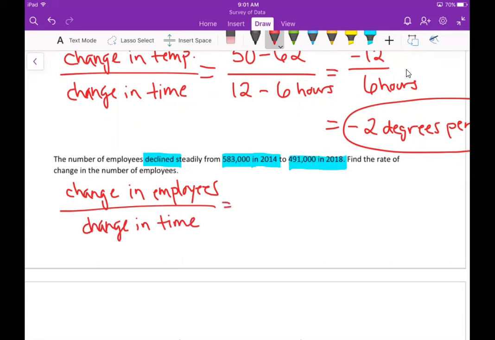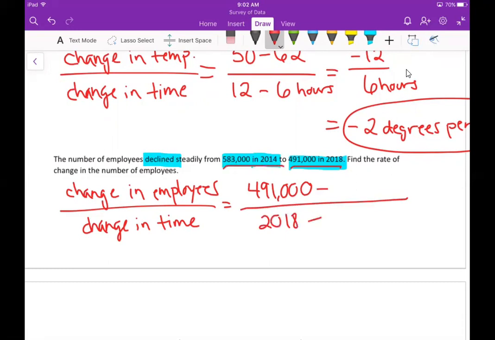Remember here, final minus initial. The final amount was 491,000 in 2018. So final number of employees minus the initial, final year minus the initial.